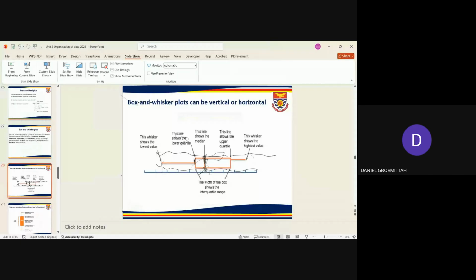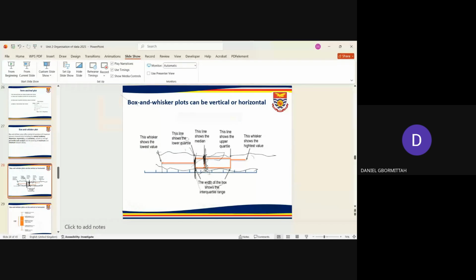So the line here shows the midpoint, whilst the line here shows the lower quartile. And the width of the box shows the interquartile range.